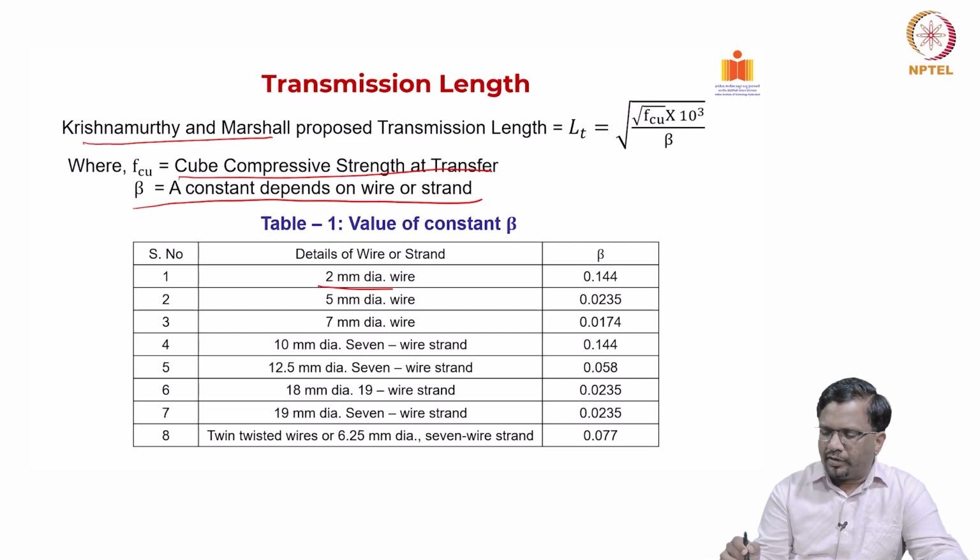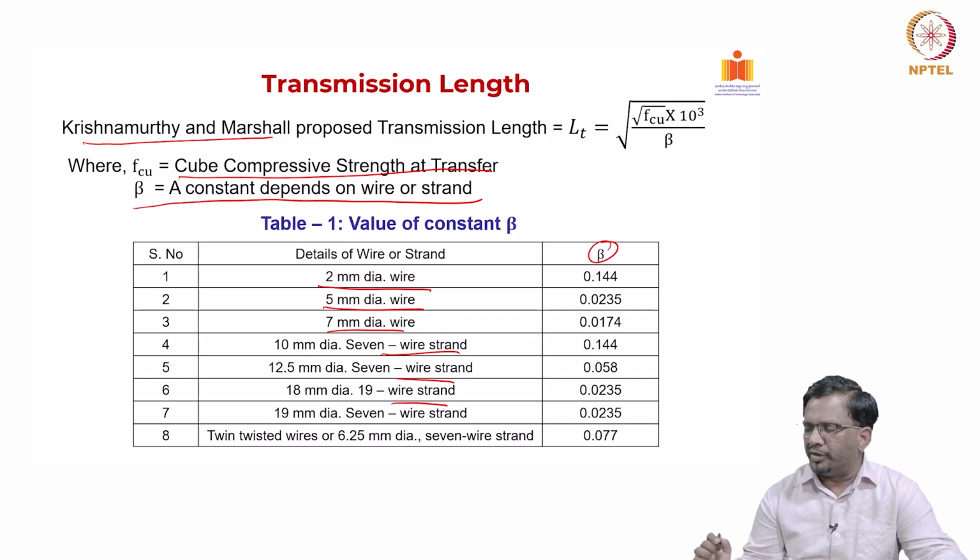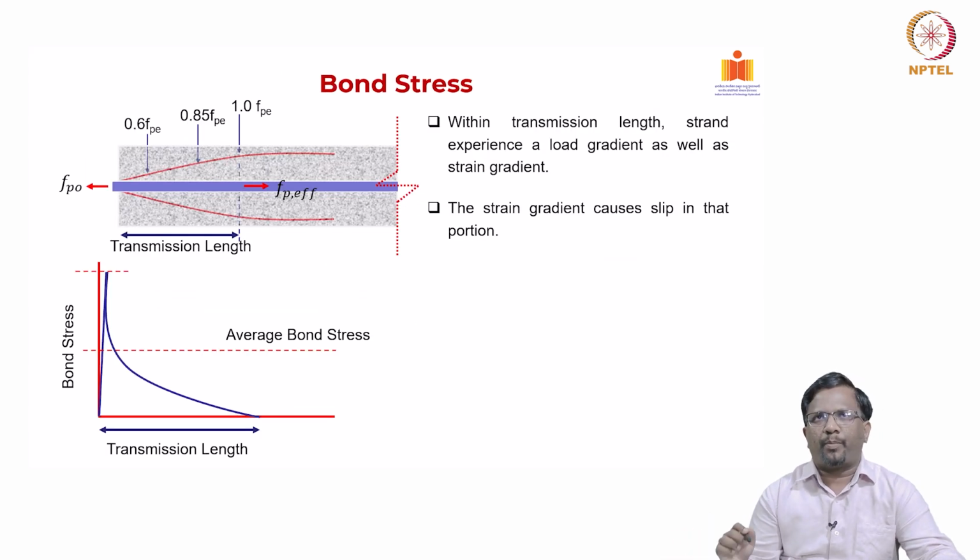People have tested different diameters, wires, strands, and also twisted wires, and they came up with this beta coefficient, you can see, right. So, depending upon what diameter and what type of pre-stressing steel I am using, I can select the beta and plug it into this simple empirical equation to find the transfer length or transmission length. Both are the same.